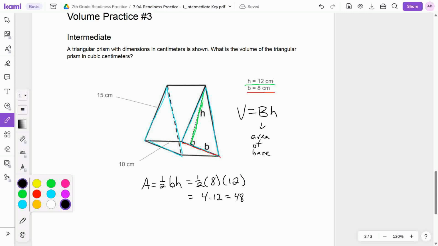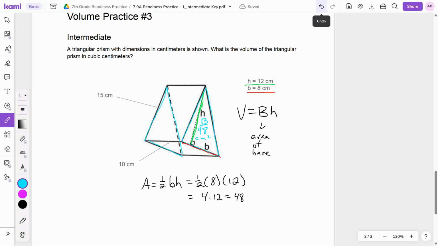All right, so we can say that the area of this base right here, let's do that back in blue, is going to be 48, and we're dealing with centimeters squared. So that's the area. I'll put that as a big B because that is what we're calculating. Big B is 48 centimeters squared.